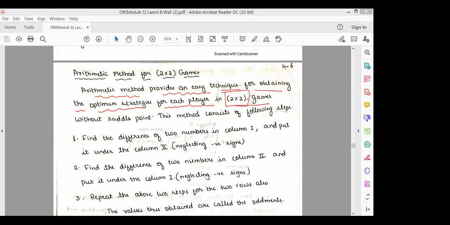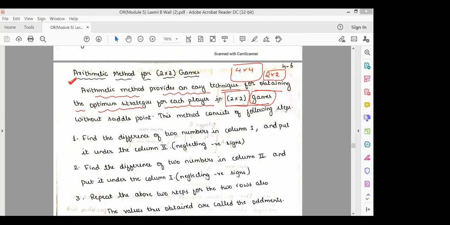We have to reduce the size of the matrix by means of the dominance principle. So when we have a 4x4 matrix, we reduce it to 2x2 by using the dominance method.